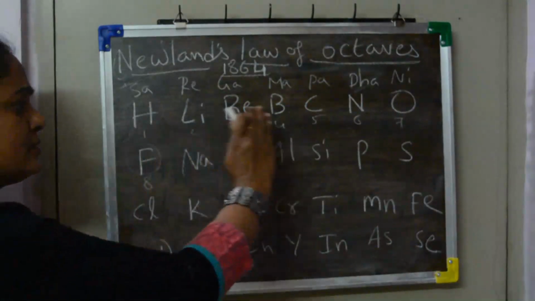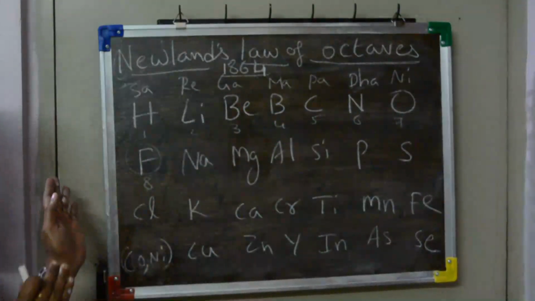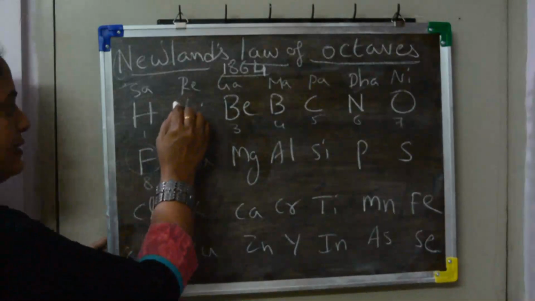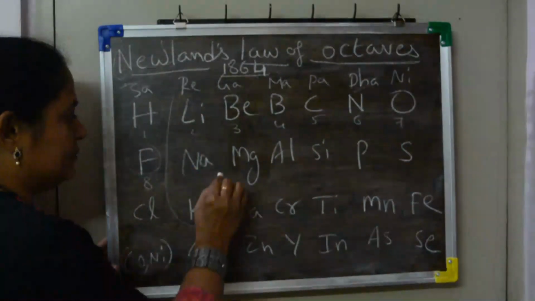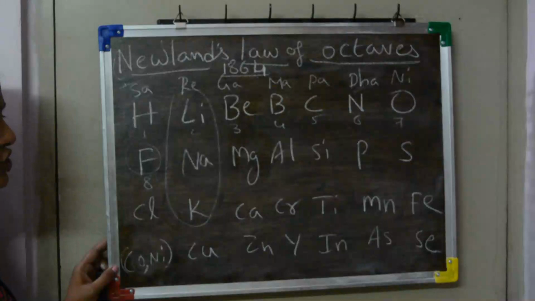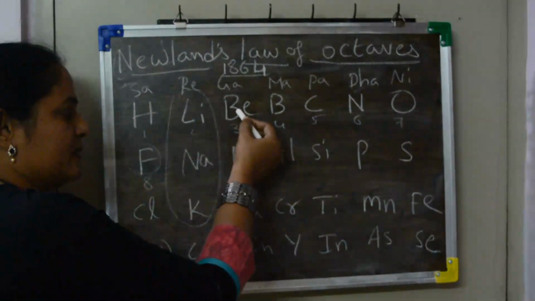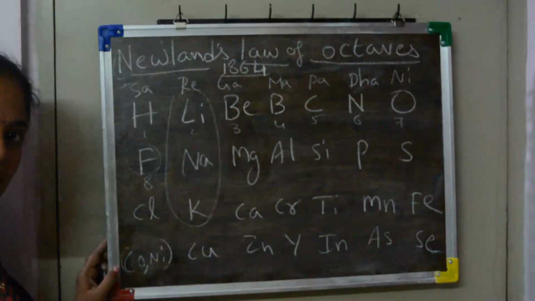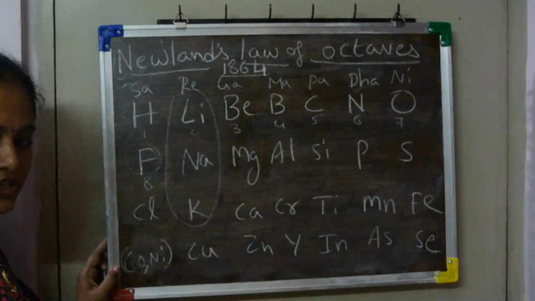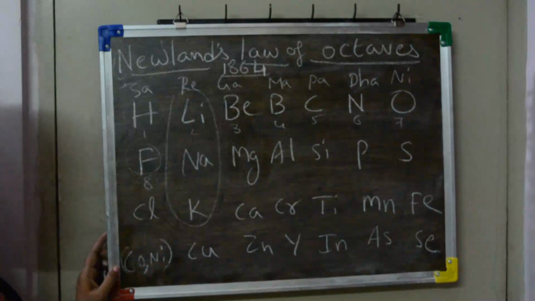And he was successful in arranging and giving the similarities, like lithium, sodium and potassium. All these were showing similar nature. Beryllium, magnesium. First element is beryllium, then magnesium is the eighth element, and both were showing similar nature. So he could arrange it successfully.